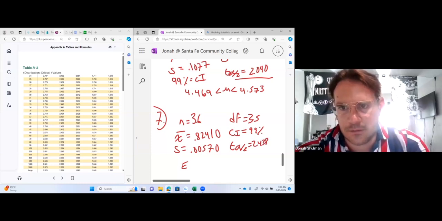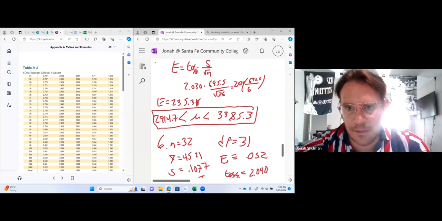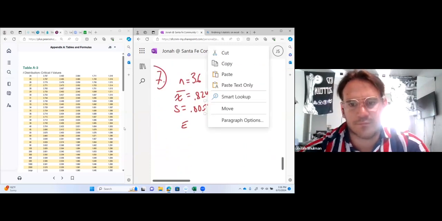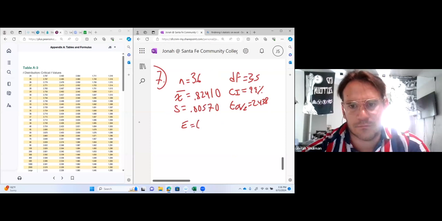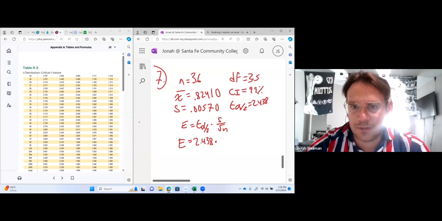Now to get the error, remember, it's just the t-statistic times the standard deviation over the square root of n. So the error is 2.438 times S, which is 0.00570, divided by the square root of 36, which we know is just 6.